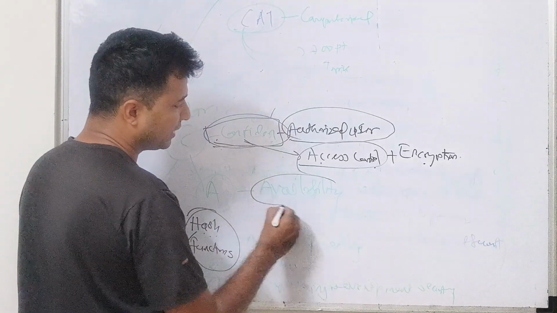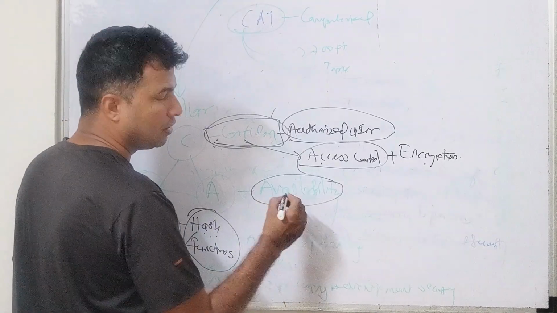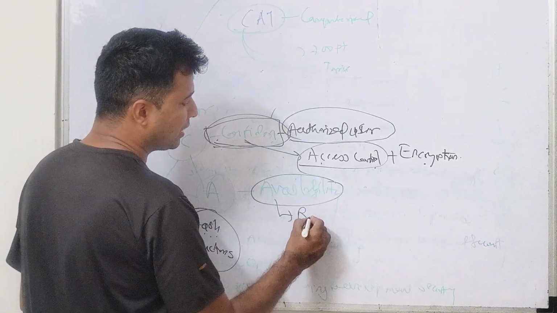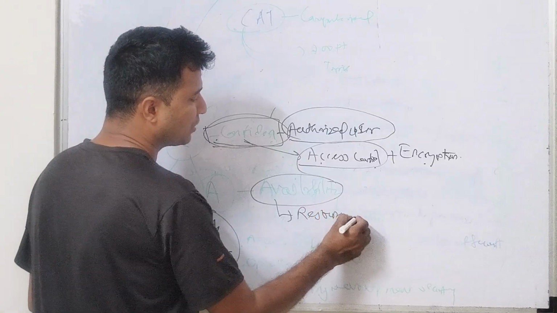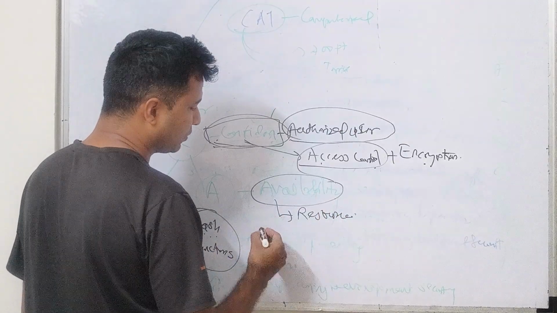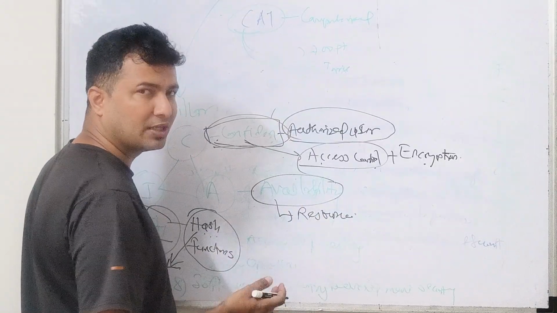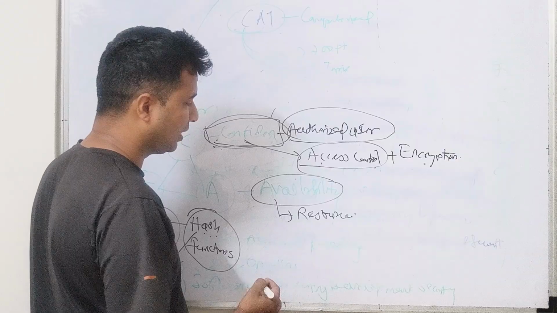Next concept is availability. Availability refers to resources being available to intended users. These resources could be a data center, an application, or something like that.